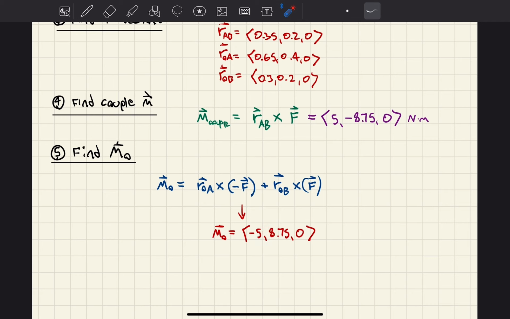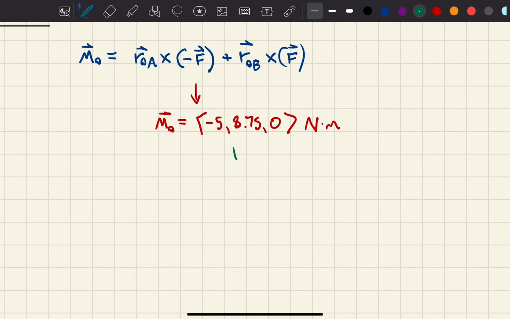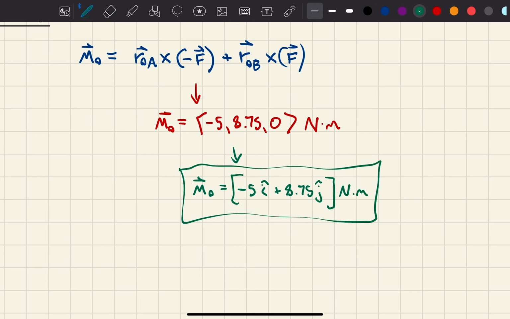But if you just multiply this by negative 1, you get your same answer, right? So it's not that big of an issue. And yeah, perfect. That is your answer. Just for formality, depending on your instructor, put it in the actual IJK notation with the proper units. So 8.75 j, and this is all in newton meters, and this is your final answer.